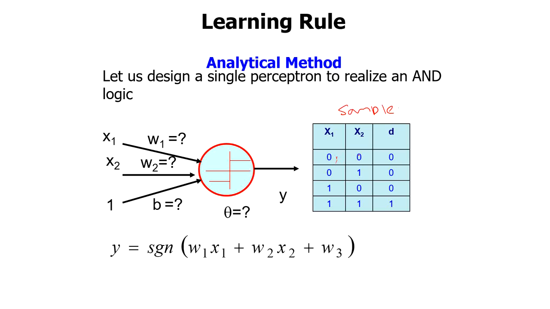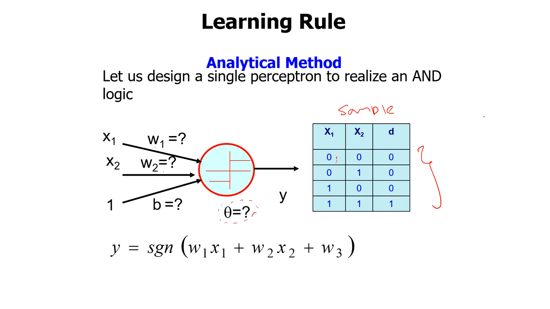So 0, 0 is 0; 0, 1 is 0; 1, 0 is 0; 1, 1 is 1. So this is actually the AND problem. The question is: what are the values of W1, W2, and B, and also the theta, that are able to separate or distinguish this data well?